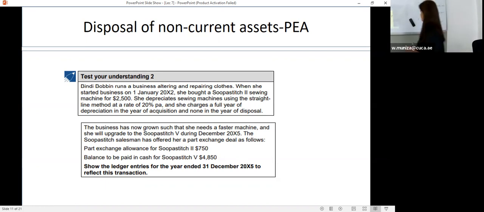Look over here. Charges full year depreciation in the year of acquisition and none in the year of disposal. Yes, dear? Very good, Hazel. Let me just see. You have not passed accounting entries. Is your writing like this?